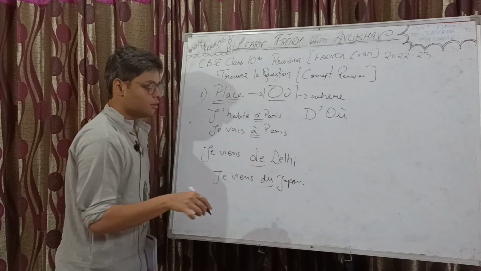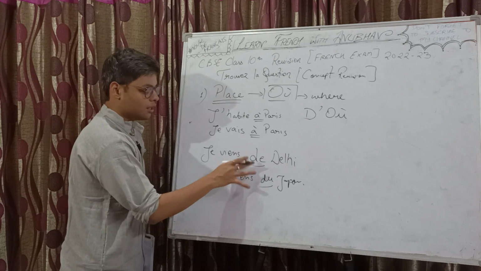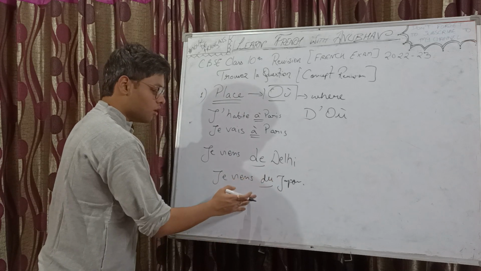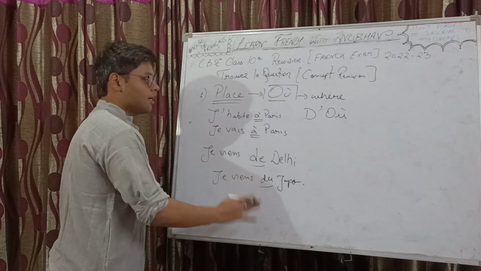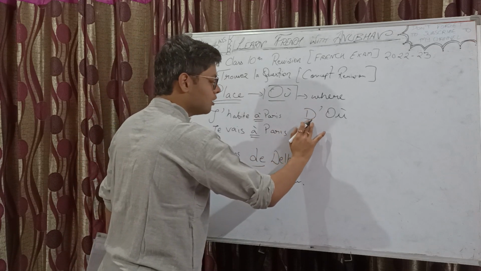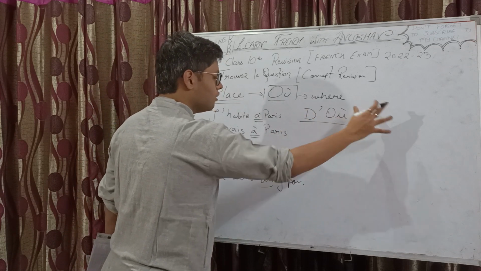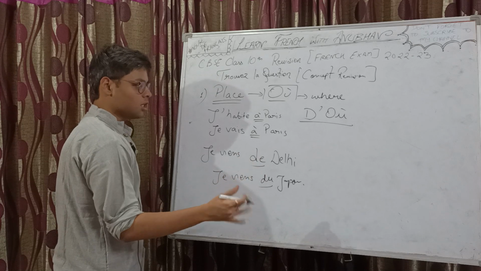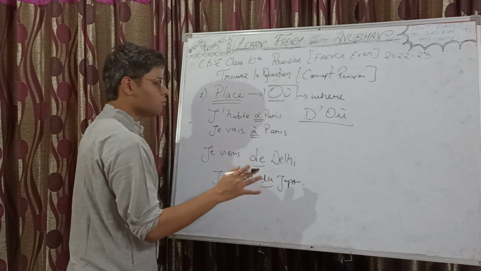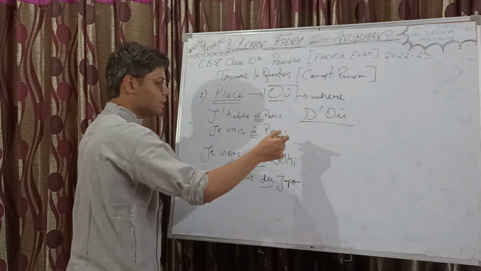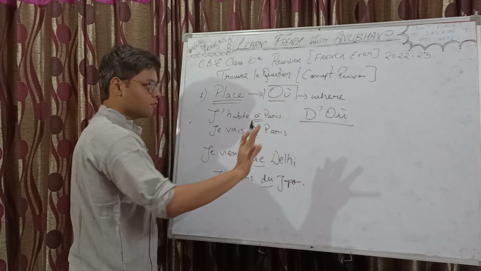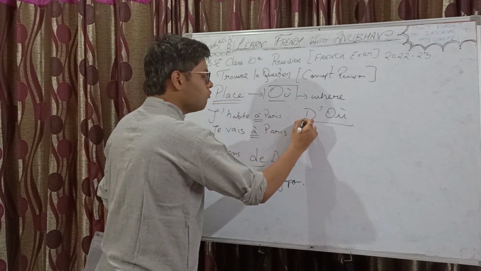When these will be there, the de or du before the verb, in that case you are going to ask in this way: d'où and then inversion and then the rest of the sentence. No, just the inversion, and if there's any rest of the sentence after the place, then you can of course proceed with that. Now, what does it mean?